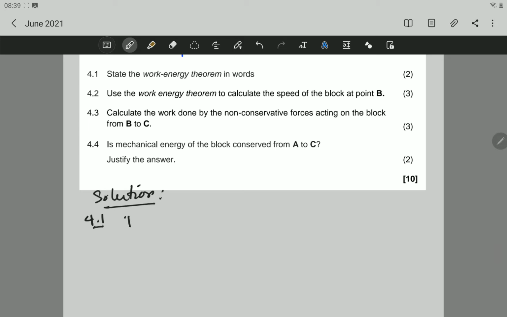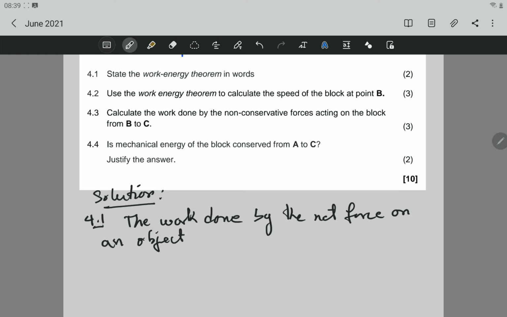Okay, the work done on an object, or by the, let's fix it, the work done by the net force on an object is equal to the change in kinetic energy.